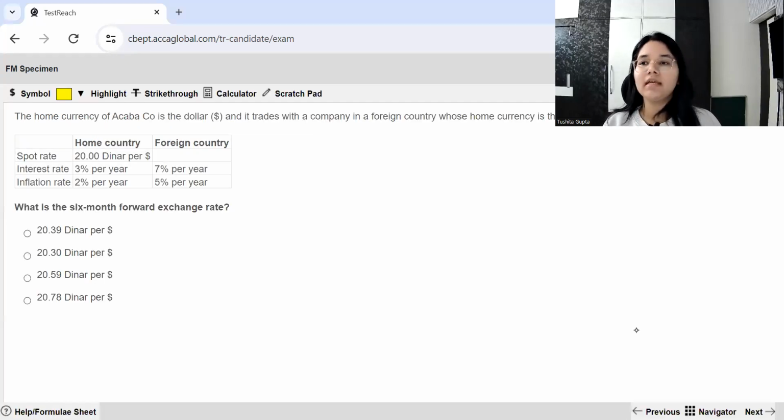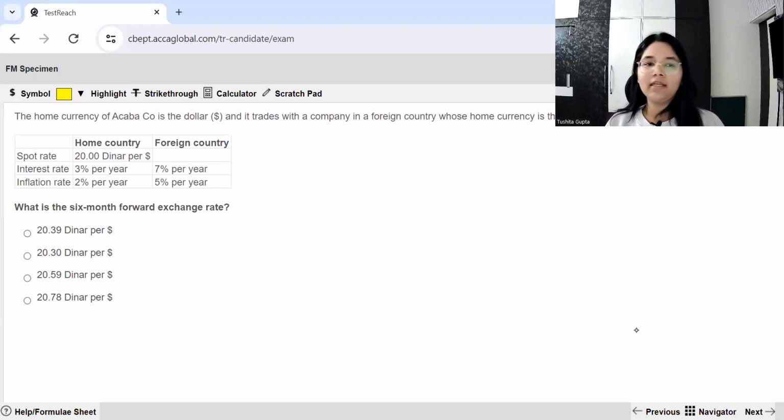The first question is about foreign exchange. The home currency of ACCA company is the dollar, and it trades with a company in a foreign country whose home currency is the dinar. The following information is available: spot rate, interest rate, and inflation rate for the home and foreign country, and we have to find the 6-month forward exchange rate.